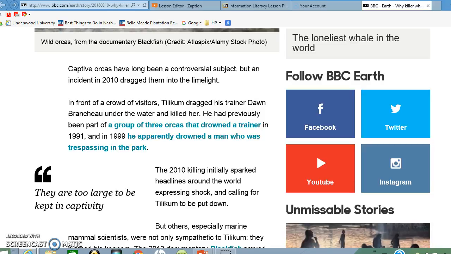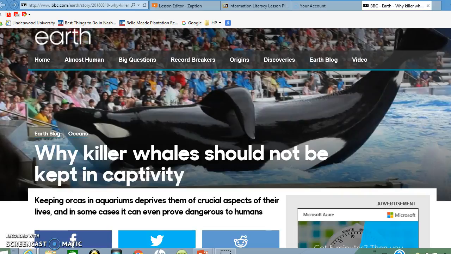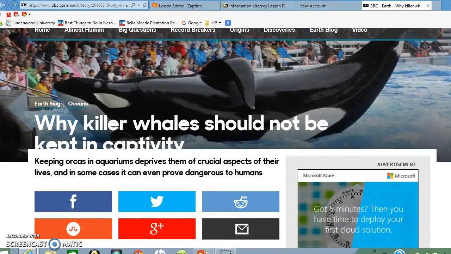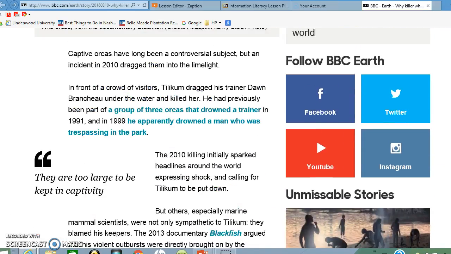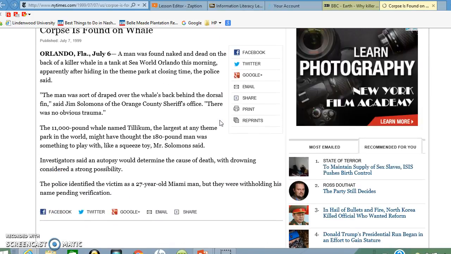Is it relevant? Orcas don't normally live, or their natural habitat isn't in captivity, so it wouldn't be relevant to this article anyways. But it does have something that SeaWorld didn't have. It has places you can click, and it'll take you to another source to back up its information.